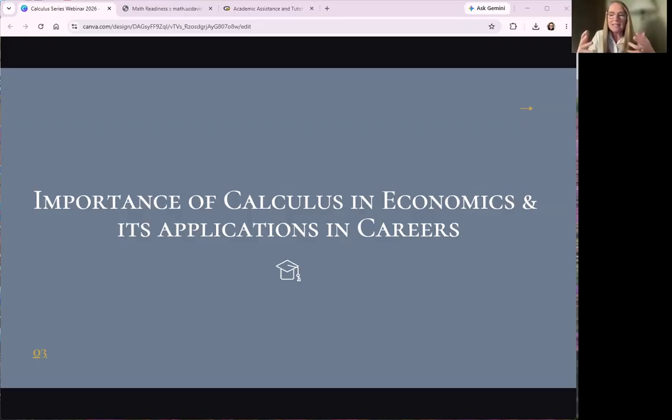Does that impact the next generation? Pregnant women who get food support, do their kids earn more money than if the women had not had access to food support? These are all questions that folks in our department have asked and answered using this quantitative reasoning. So that's where calculus becomes really important.